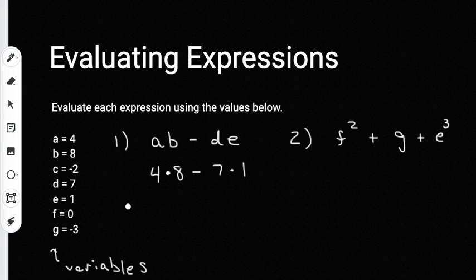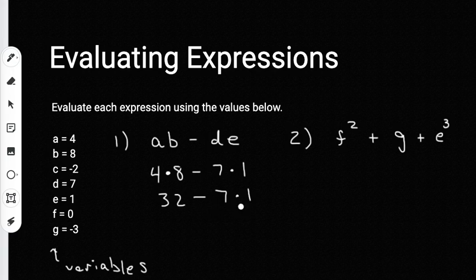And now from here, I just evaluate it using order of operations. I see that I'm multiplying first. This 4 times 8 is going to give me 32. I still have a minus 7 times 1, so I'm going to bring that down. I know that I need to multiply before I subtract.